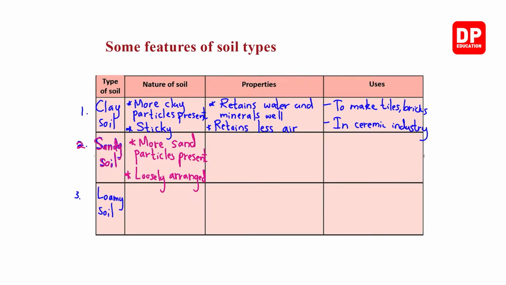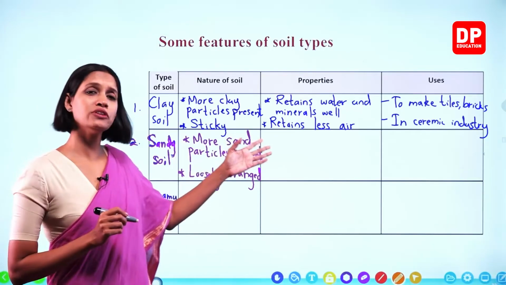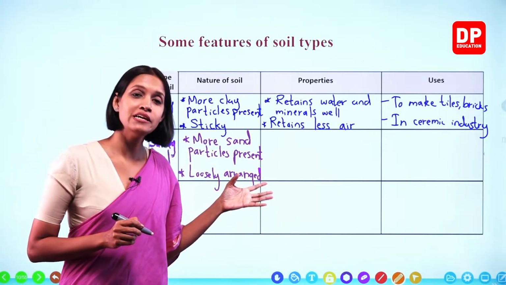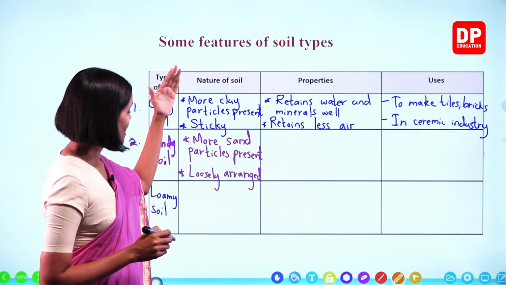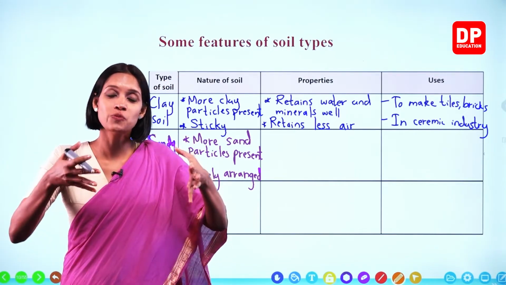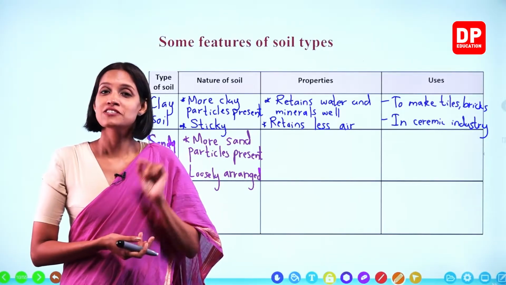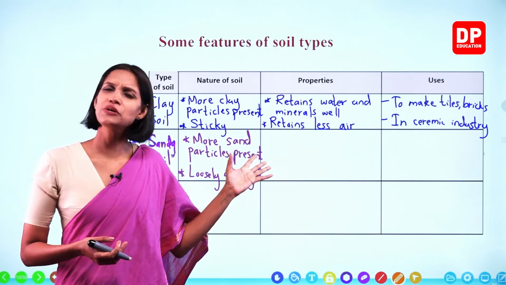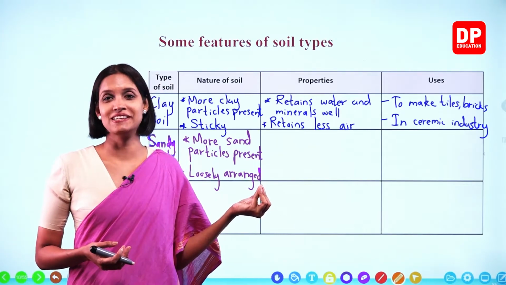So what are the properties? What do you think about the retention of air and water in this sandy soil? As I explained, as these sand particles are loosely arranged with each other, there is more space between these particles. So obviously, this type of soil can retain more air. What do you think about retention of water, children?